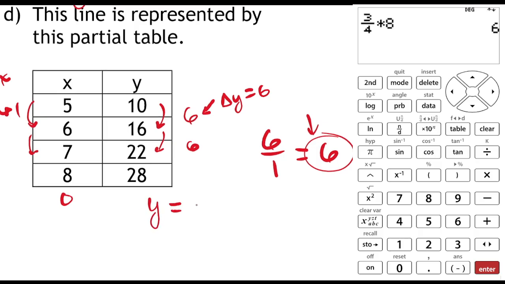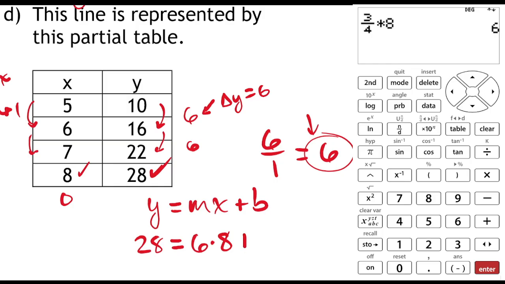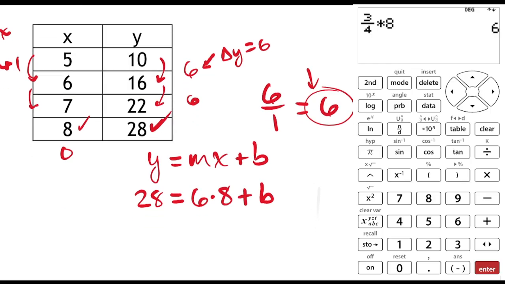Again, y is slope parameter m times x plus y-intercept parameter. We know this x is 8, and the y that goes with it is 28. So I'm going to write 28 is my slope parameter 6 times 8, and then plus b.